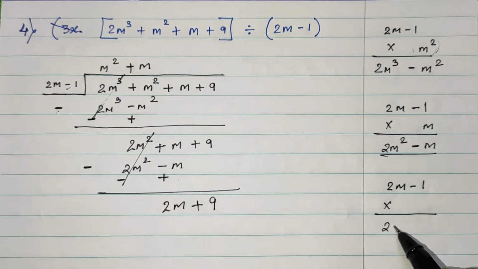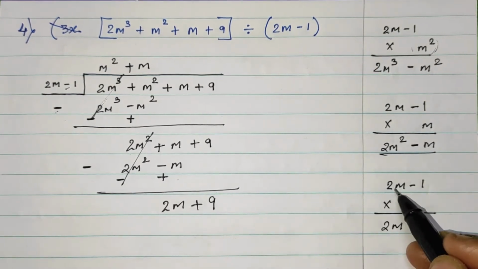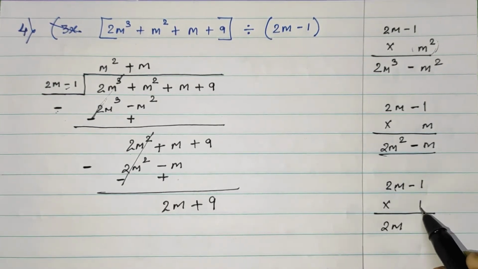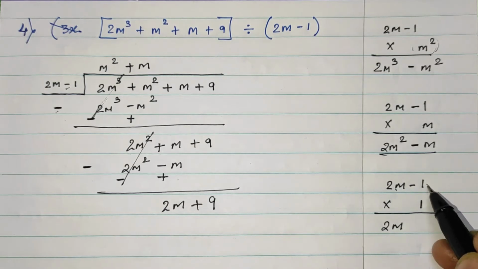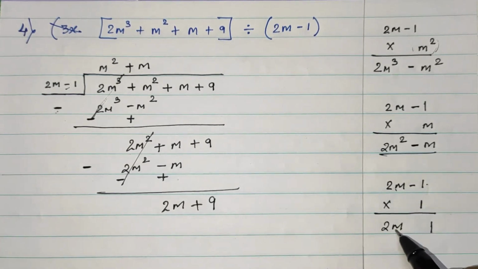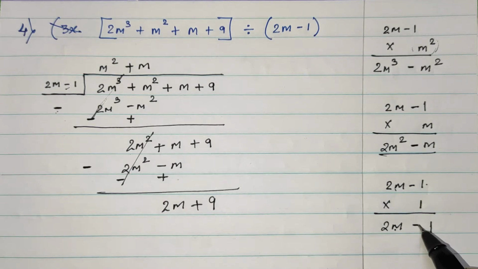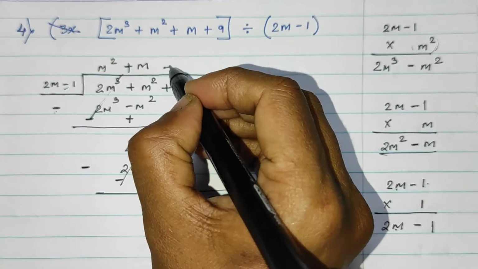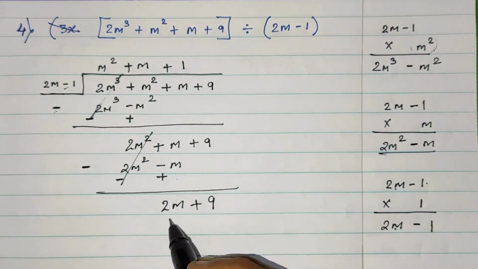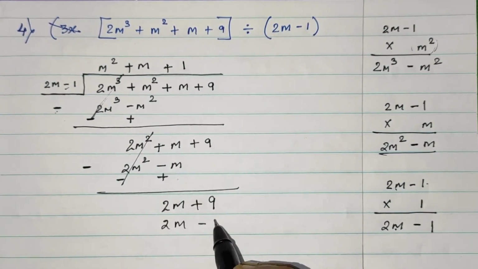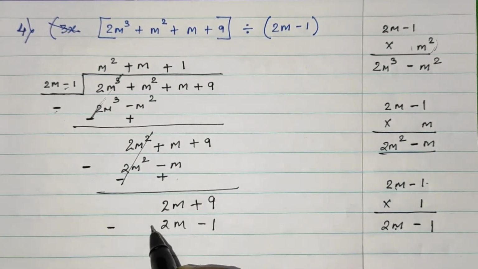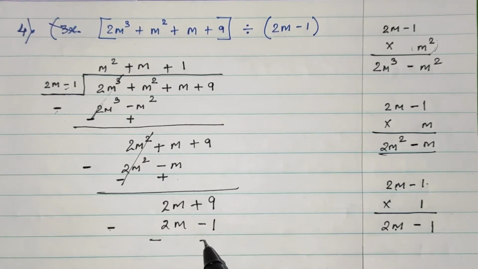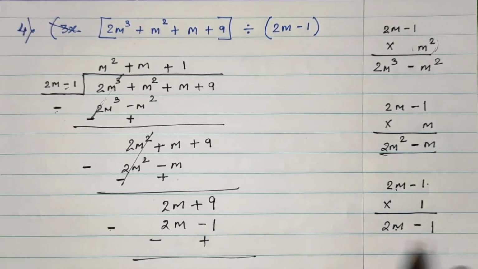So now you need 2m. You already have 2m. That means you have to multiply by 1. 1 1s are 1. 1 into 2m, 2m. Plus into minus, minus. So, plus 1 and you get 2m minus 1. Minus into plus, minus, minus into minus, plus.